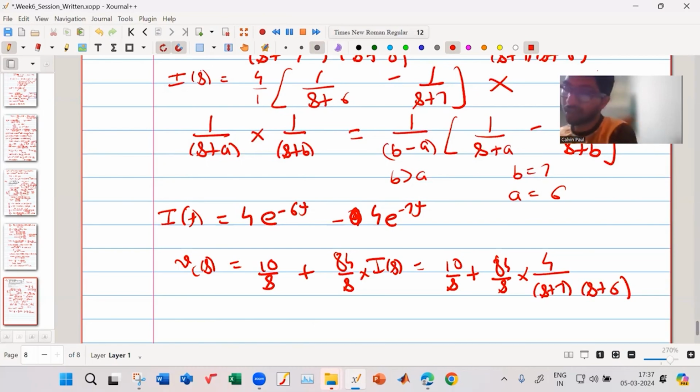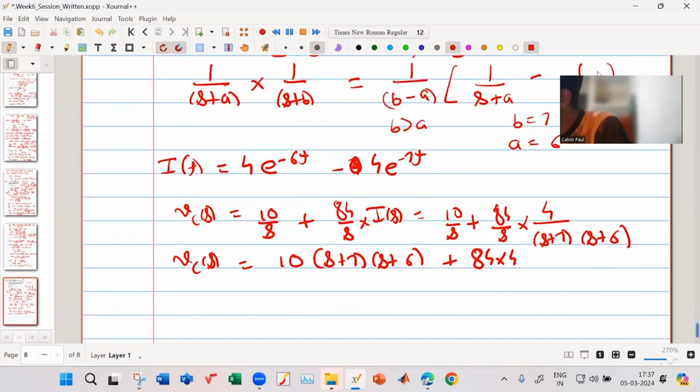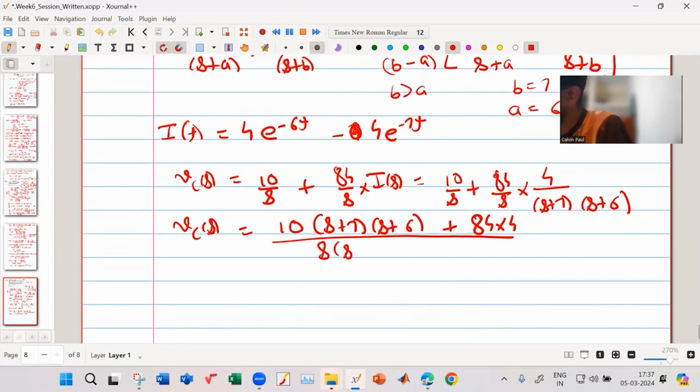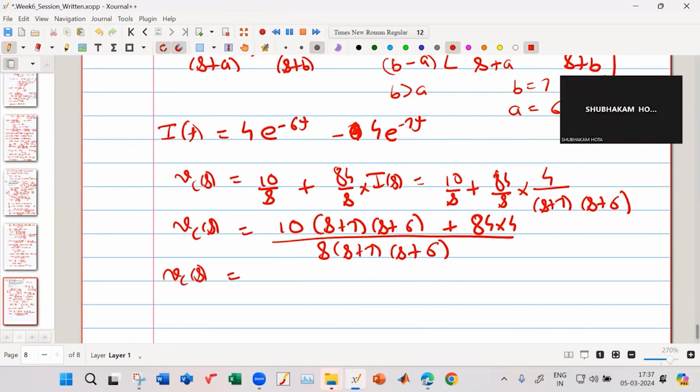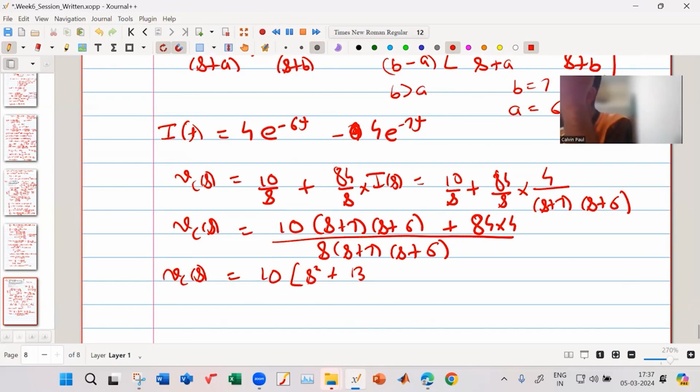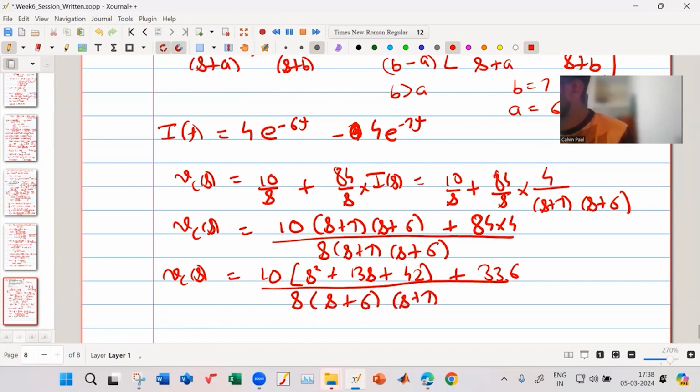So I write it down further. VC of S is equal to 10 into S plus 7 into S plus 6 plus 84 into 4 divided by S into S plus 7 into S plus 6. That comes out to be 10 into S square plus 13S plus 42. 84 into 4 is how much? 336 divided by S into S plus 6 into S plus 7.